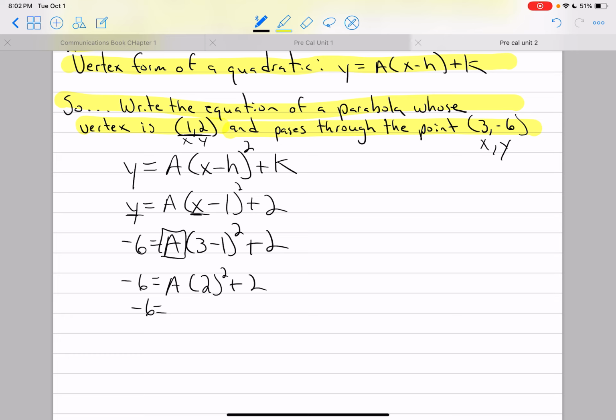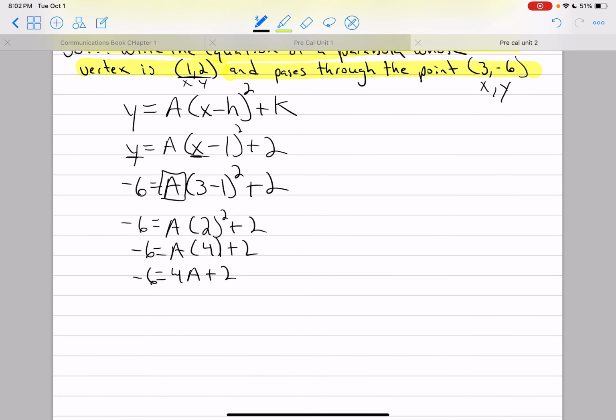So 6 equals a times 4 plus 2. 6 equals 4a plus 2. We could go ahead now and solve for a: minus 2, minus 2. 4 equals 4a. Divide by 4, divide by 4. a equals 1.